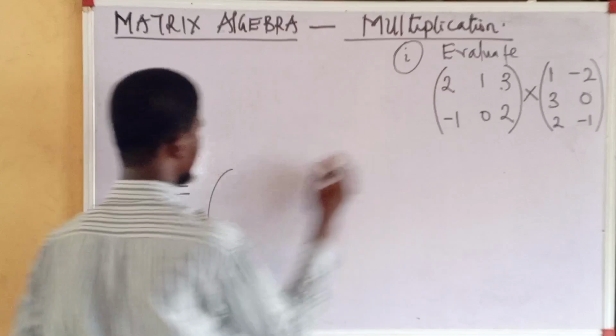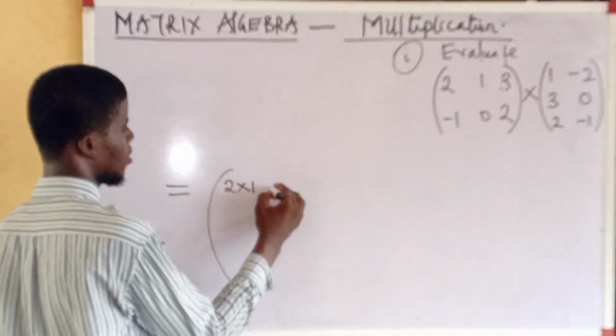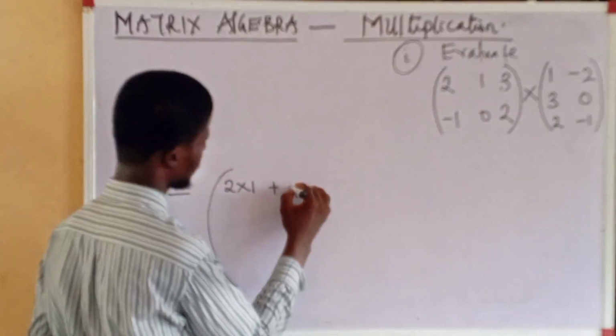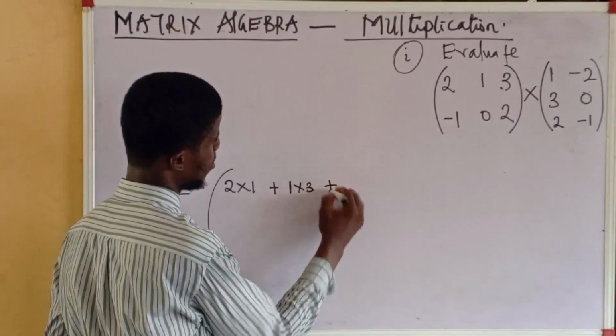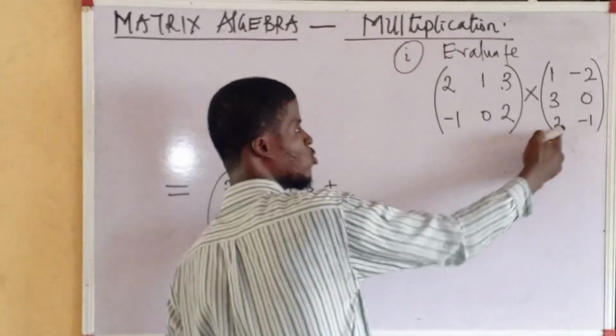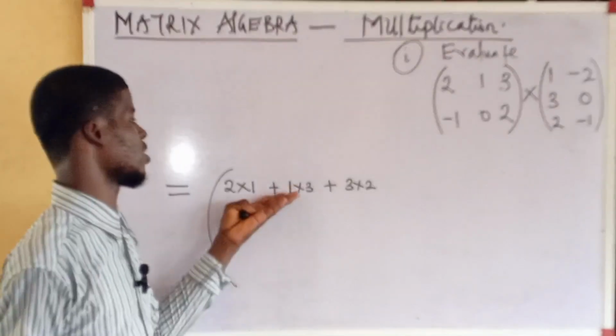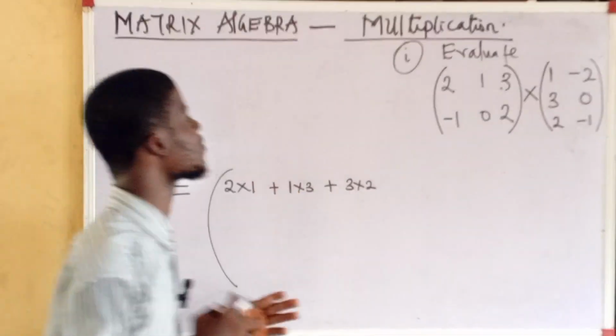2 times 1 plus 1 times 3 plus 3 times 2. Okay, this will form the first element here, the first number.